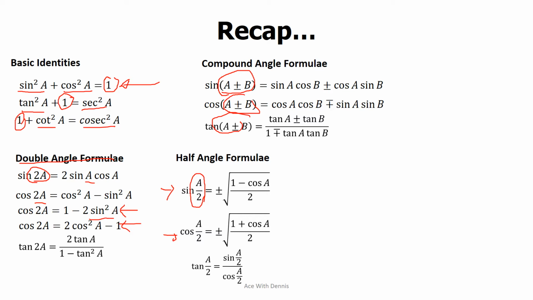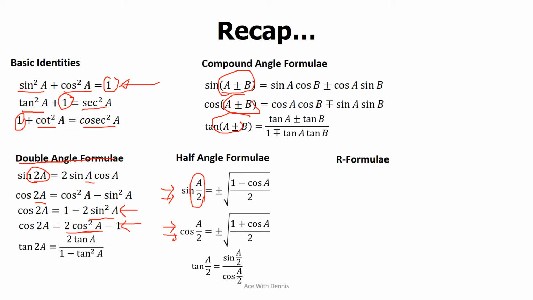Then you get the formula for sine A over 2. For cosine A over 2, you use the second formula, where 2A becomes A and A becomes A over 2. Make cosine A over 2 the subject and you get this formula. So this is the half angle formula.